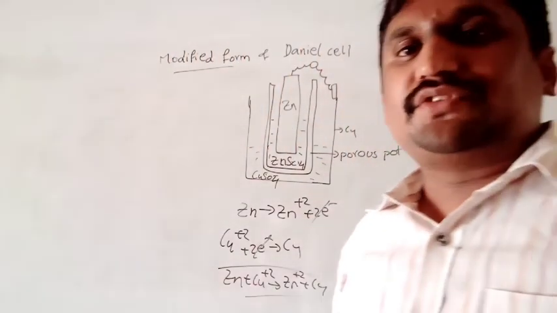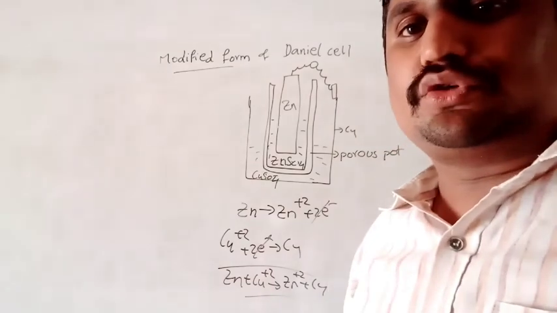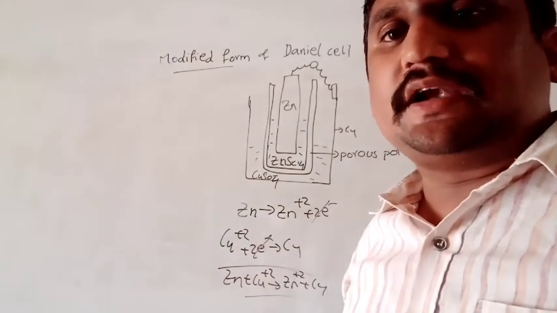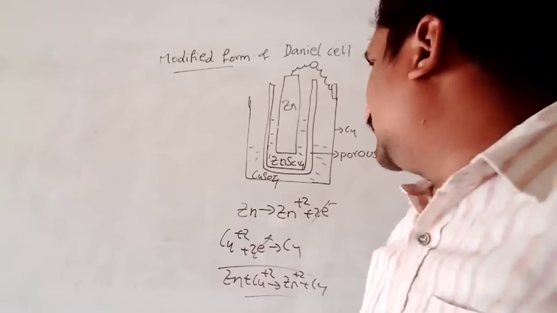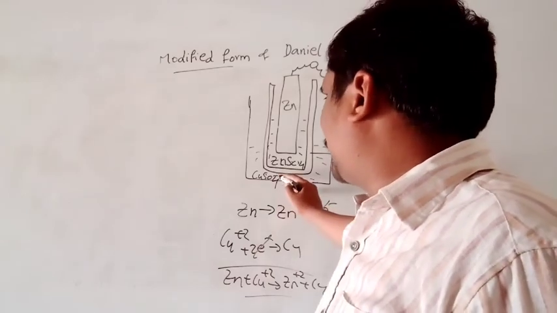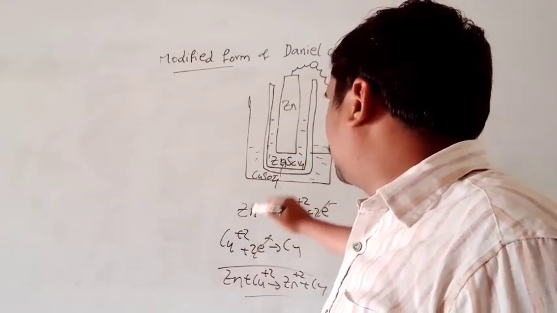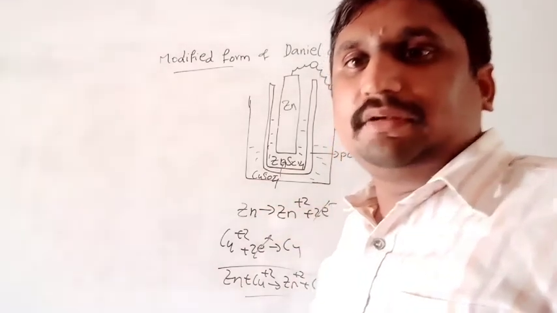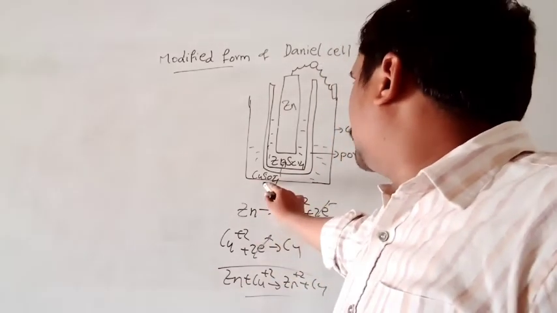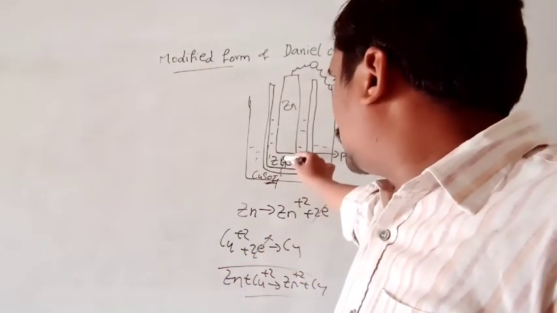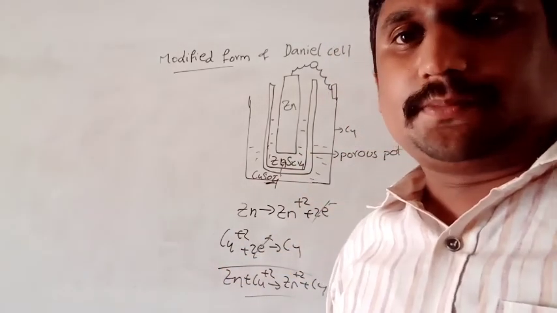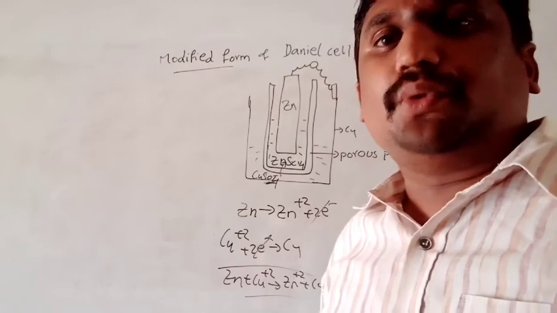Here you may get the doubt: sir, without the salt bridge, how will neutrality be maintained? Here the neutrality will be maintained by the movement of sulfate ions from the cathode compartment into the anode compartment, through the porous pot.